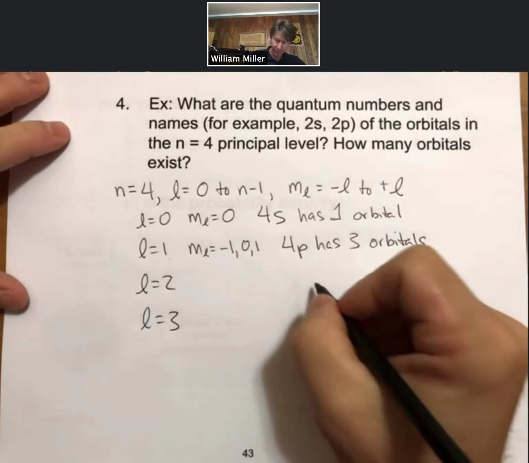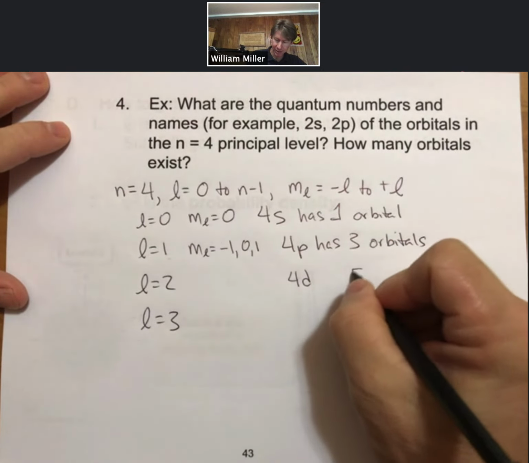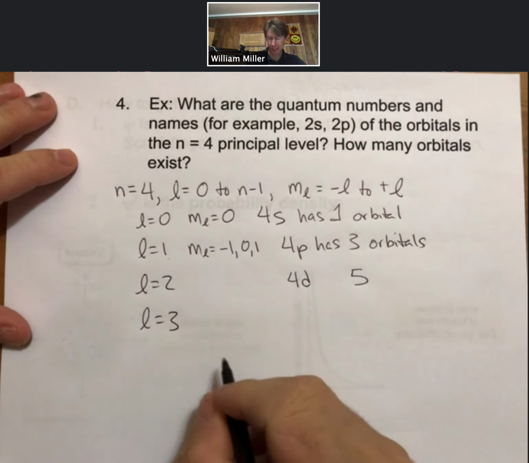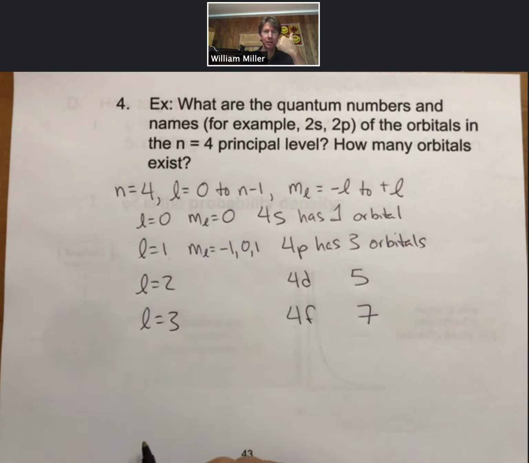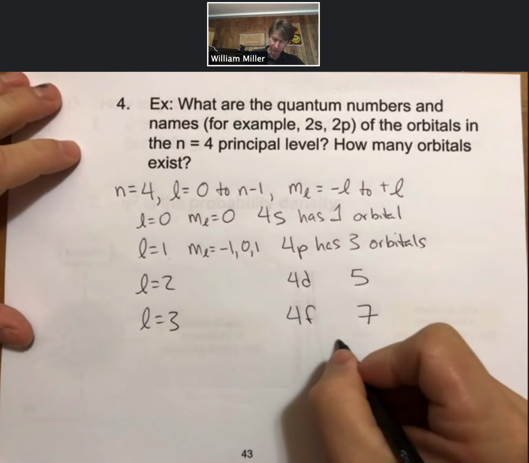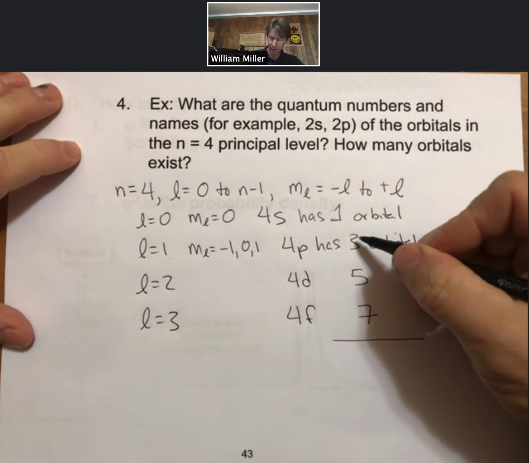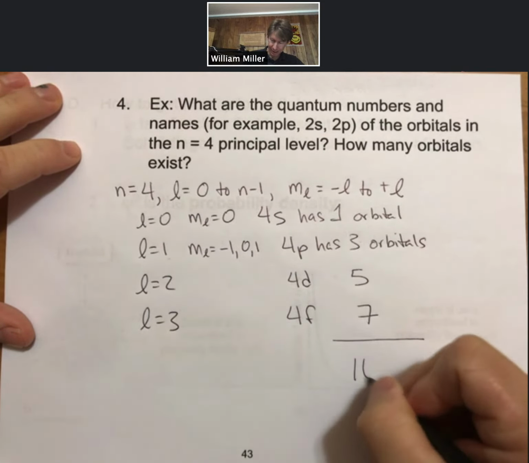Continuing on, 4d has 5 orbitals, and 4f has 7 orbitals. If you look at some of the previous pages, you can show that. For a total of 1, 4, 9, 16 orbitals.